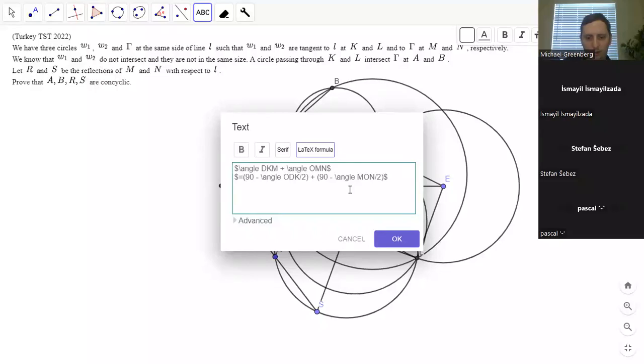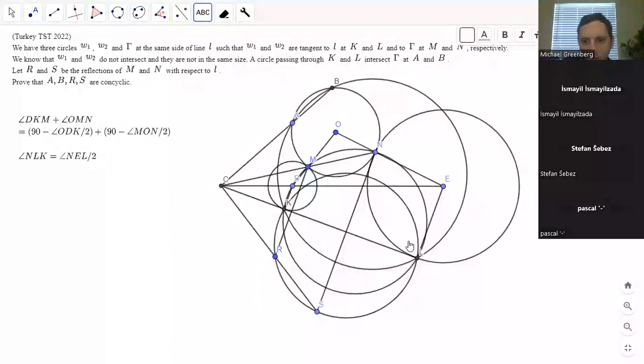And then we also have angle NLK is equal to angle MEL over 2. Okay. Yeah, because it's tangent.